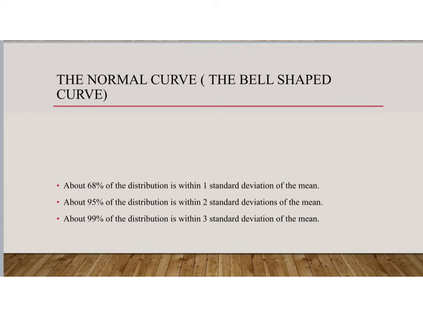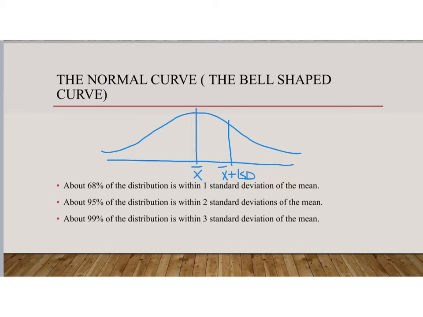All right, so now the normal curve looks like this. The middle score is the mean score, and we're going to symbolize that by x with a bar over it. Now, if we go one standard deviation, and we learned how to calculate that, above, I'm going to add one standard deviation, and I'm going to subtract one standard deviation.